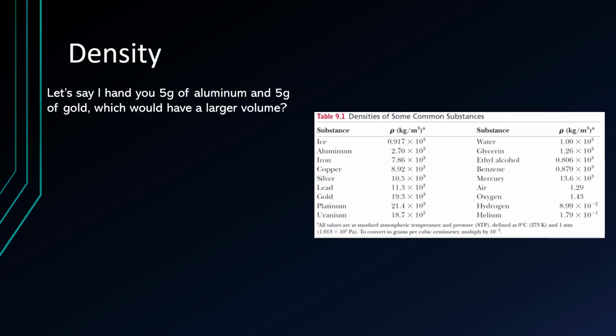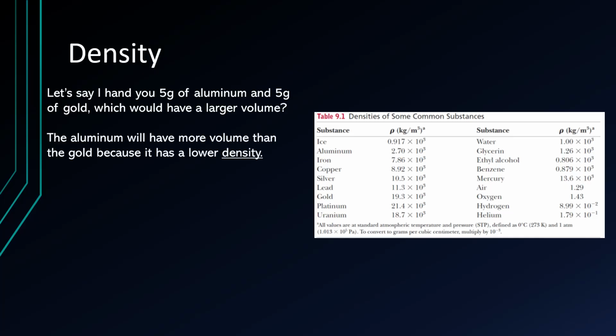So let's say I hand you 5 grams of aluminum and 5 grams of gold. Which one would have a larger volume? Well, aluminum has a density of 2.7 times 10 to the third, and gold has a density of 19.3 times 10 to the third.